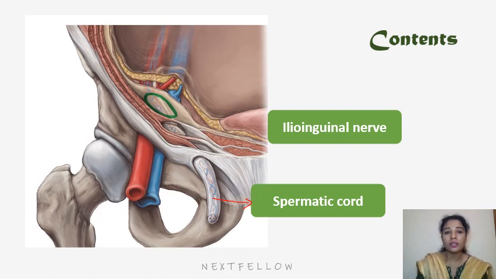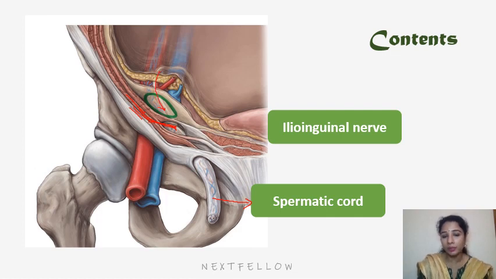Ilioinguinal nerve enters through the interval between the external and internal oblique muscles. So here is the external oblique and this is the internal oblique. The nerve enters into the inguinal canal by piercing between these two muscles. It doesn't enter through the deep inguinal ring.